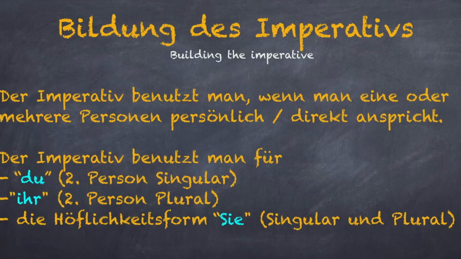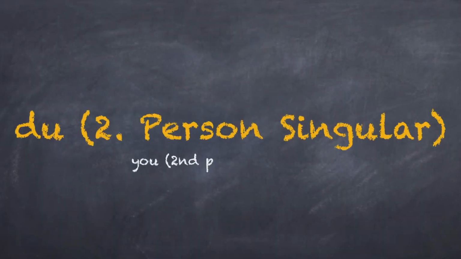Since this form is used only for the second person, we have to remember that imperativ benutzt man nur für du, the plural form of du, that is ihr, and for sie in both singular and plural form. To understand this, let's look at each one of them individually.